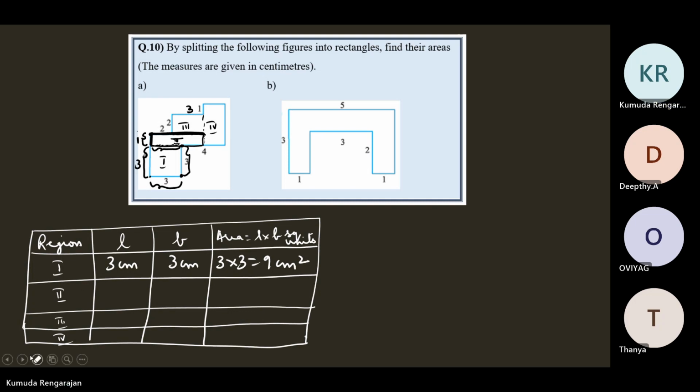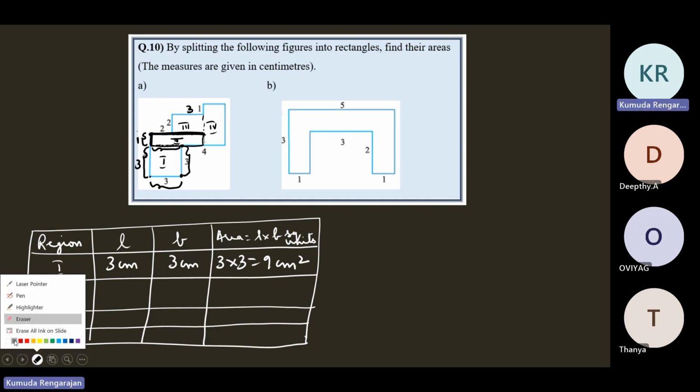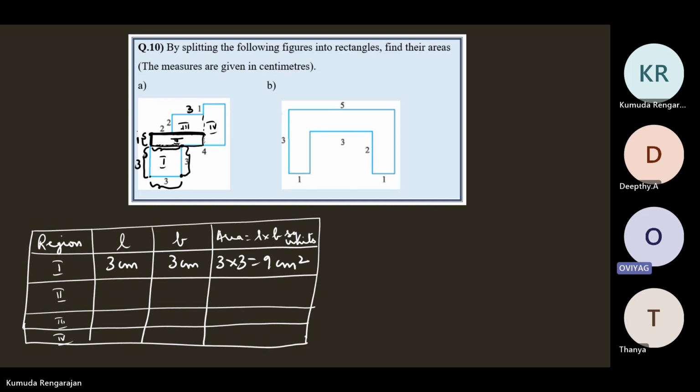Not clear? Shall I do it again? Ma'am, it is clear. Okay, see here, I'm saying this is the length. Either you can find this length or this length, whichever is comfortable. This length is 2 here, and from here to here it is 3.